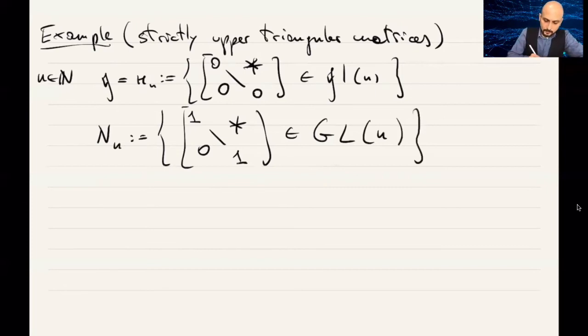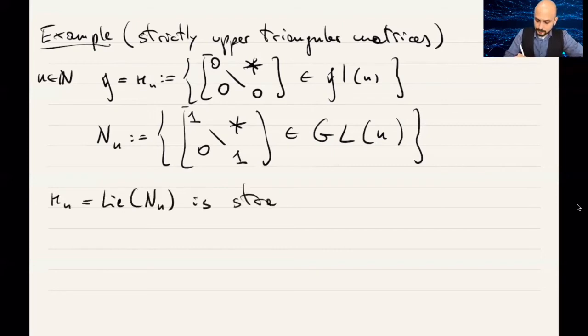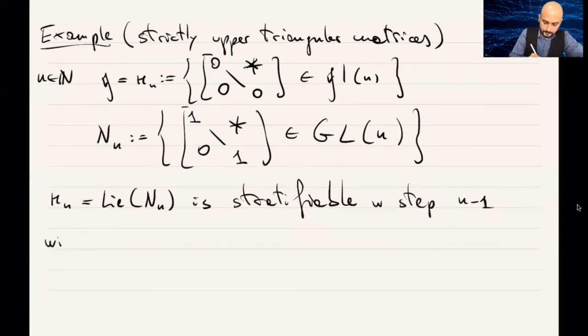All right, so now this Lie algebra, n_N, is stratifiable with step exactly equal to N minus 1, with the strata.